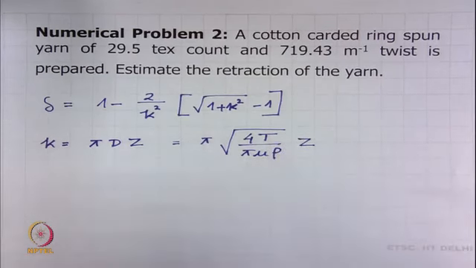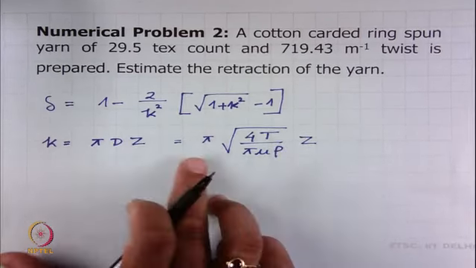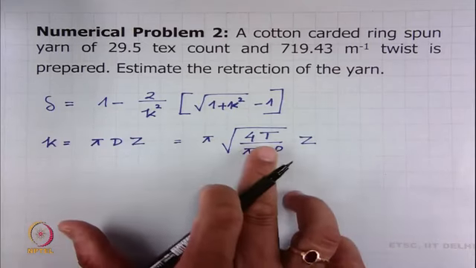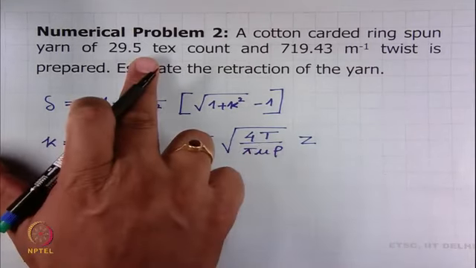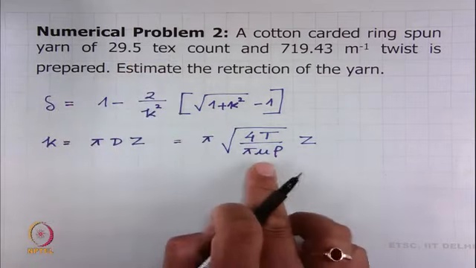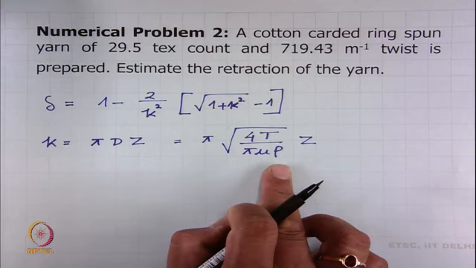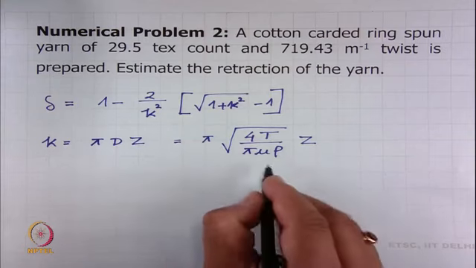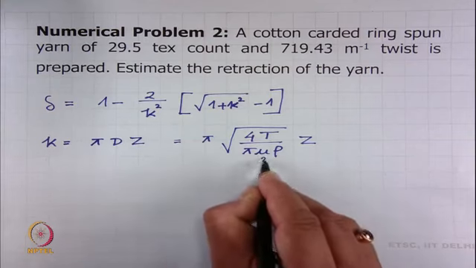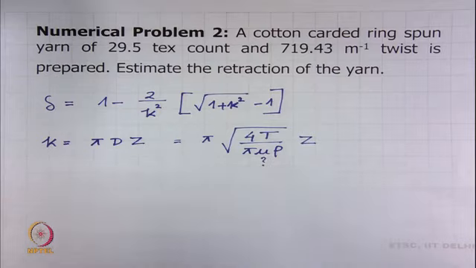Pi is well known, 3.14, capital T is 29.5 tex, rho for cotton fiber is 1520 kg per meter cube, Z is given, mu is not given. The rest are all given, so we need to find out mu.